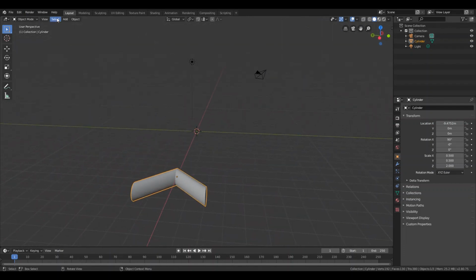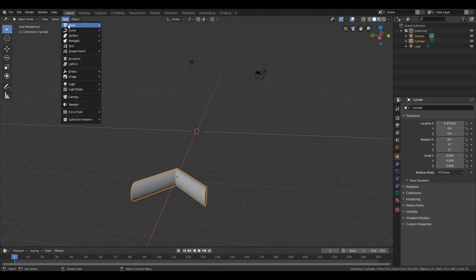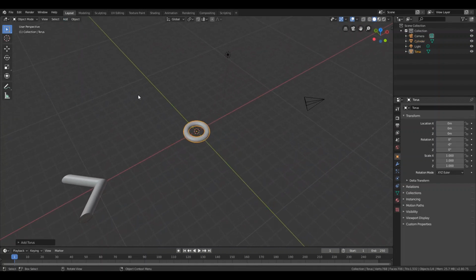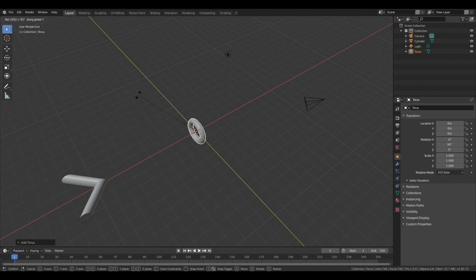Further down the line, let's add, what should we add here? Yeah, let's add that torus, because I think that kind of illustrates this the best. Let's rotate. No. Let's rotate it around the y-axis 90 degrees.